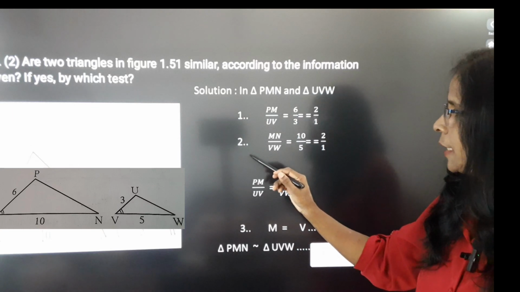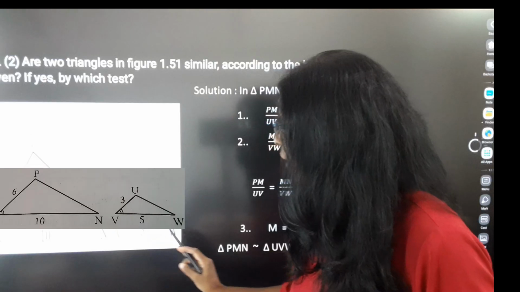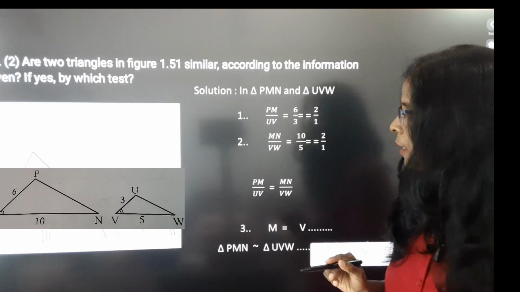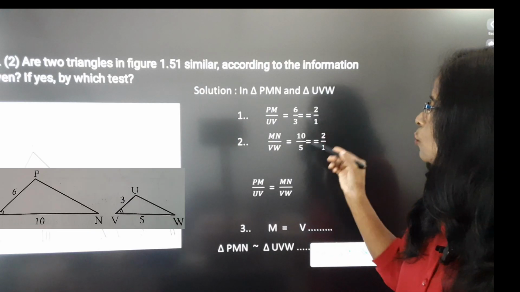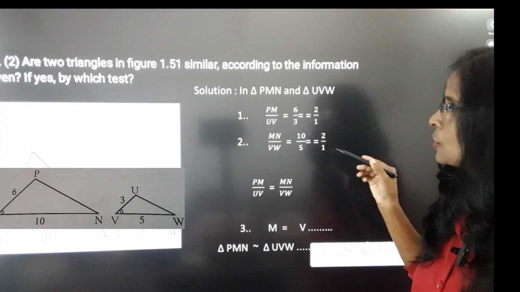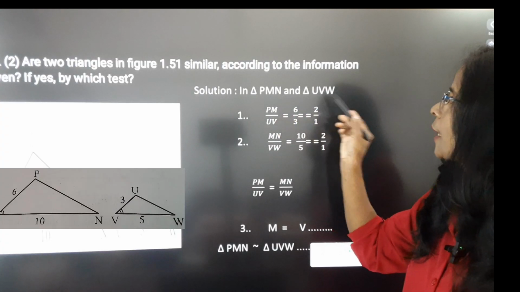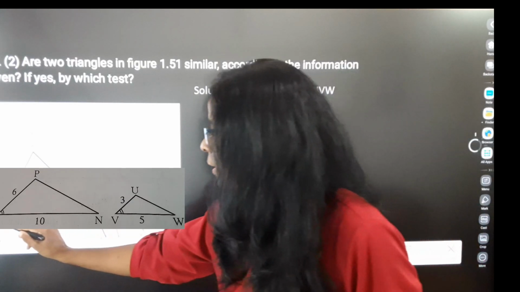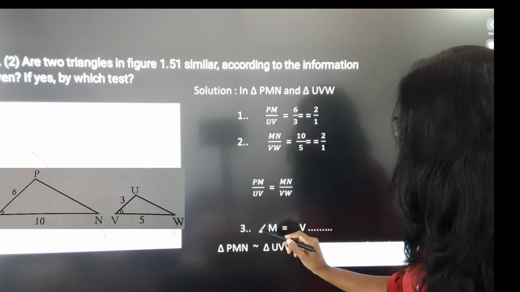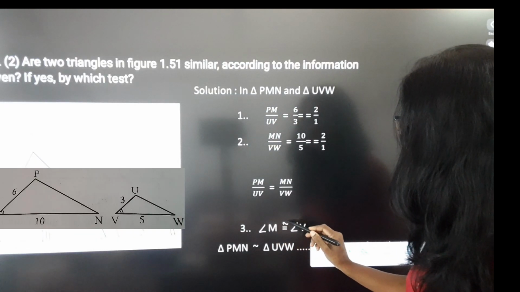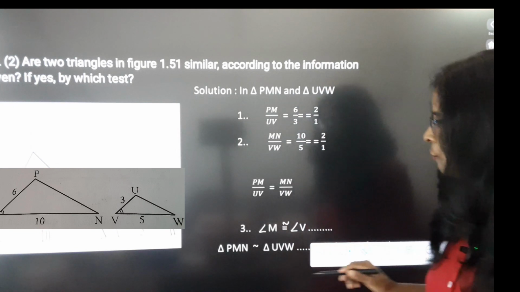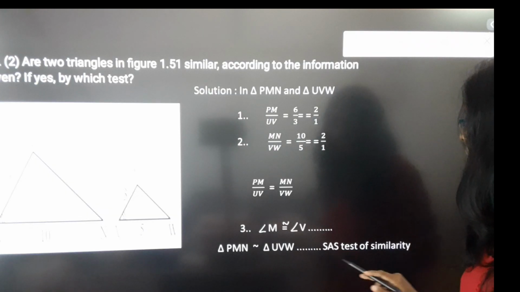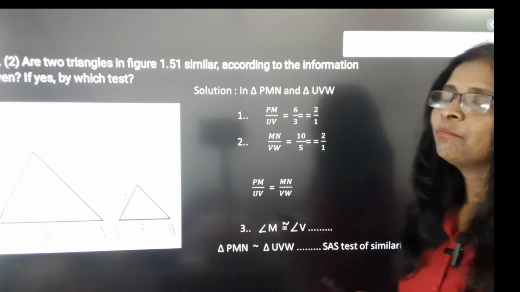And second, MN upon VW is equal to 10 upon 5, which is equal to 2 upon 1. So these two ratios are equal in triangle PMN and triangle UVW. Also, angle M is congruent to angle V. So triangle PMN is similar to triangle UVW by the SAS test for similarity.